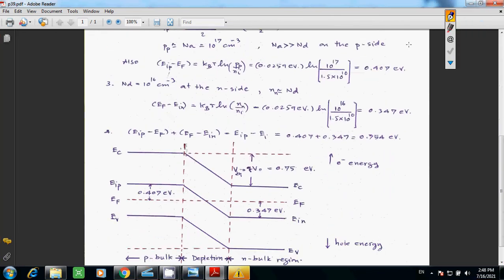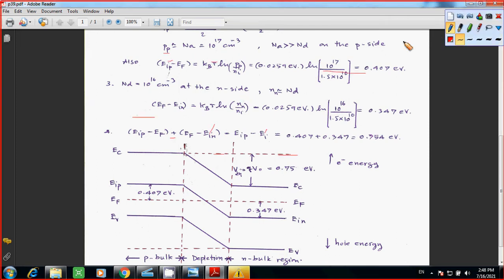Now for the n side, same. Nd is equal to 10 to the 16th, and you can simply put the electron concentration on the n side to be Nd, which is 10 to the 16th. That gives you the energy gap between EF and EI on the n side to be 0.347 electron volt.